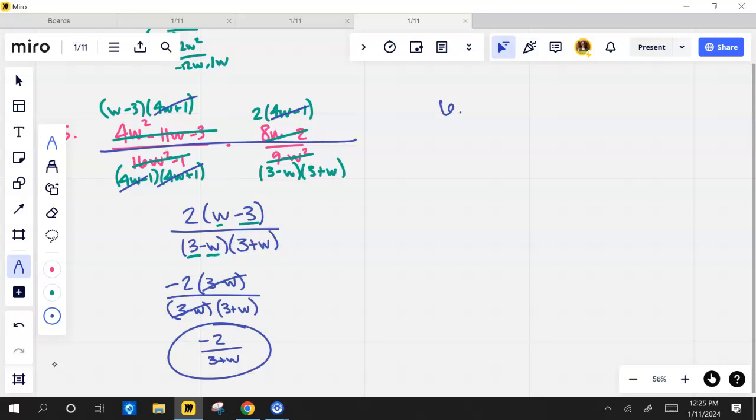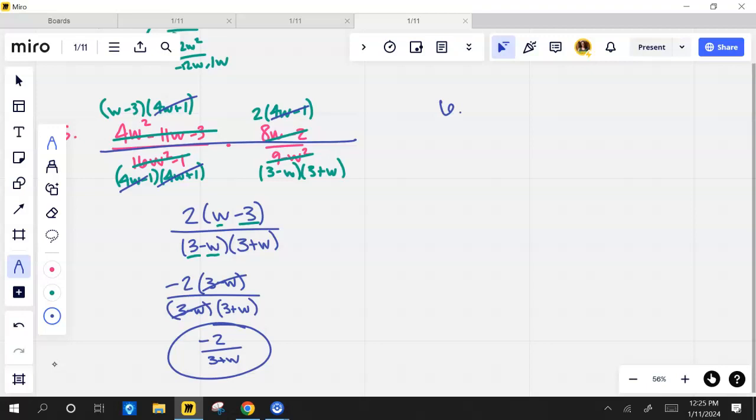All you do is make the 2 a negative. Did you factor a 2 out of the top whenever it said 8W minus 2? He took 4 out. He didn't divide by 4. He just took that 8. So now I can cross this.